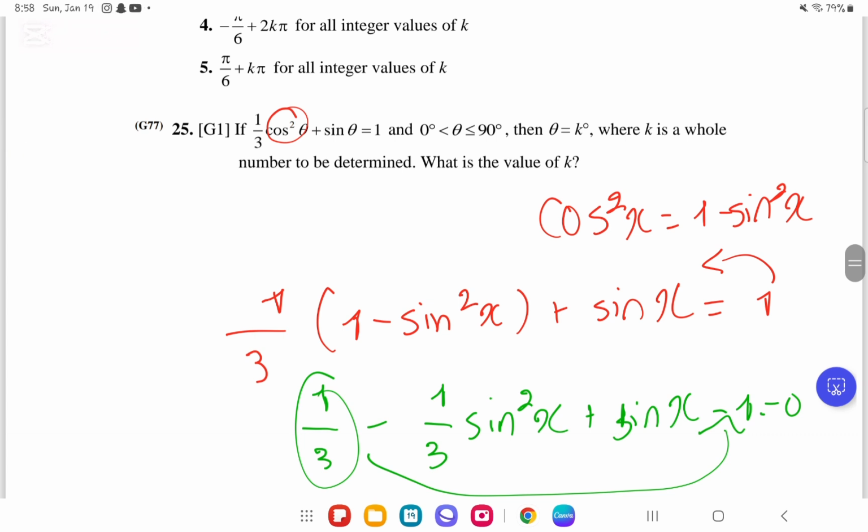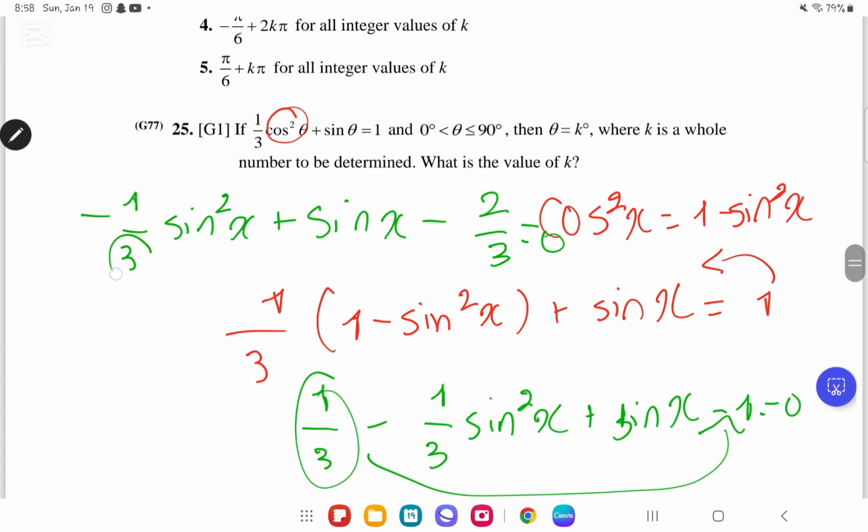So then it becomes minus 1 over 3 sine squared x plus sine x minus 2 over 3 is equal to 0. Personally, I like to see everything next to the sine squared x to be 1. So to get rid of it, we are gonna multiply the whole equation by minus 3.